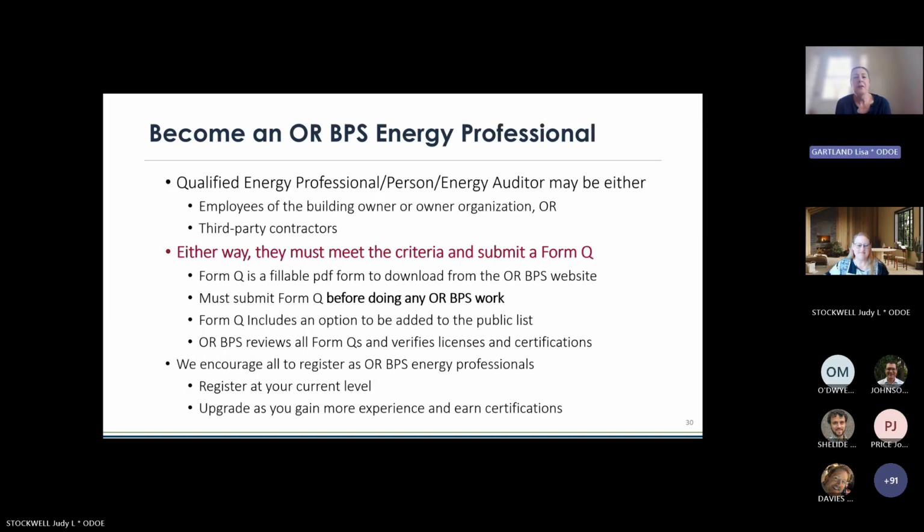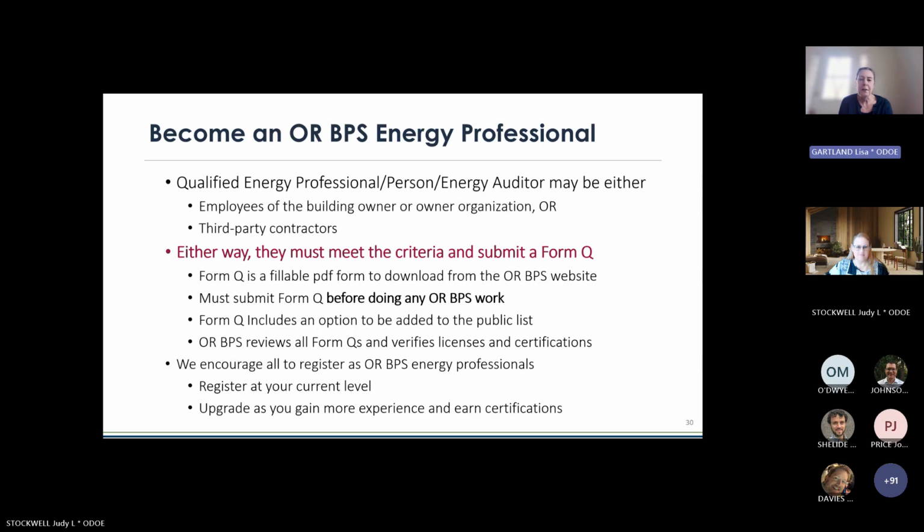So how can you become one of these energy professionals? As I said, the qualified energy manager or qualified person or energy auditor, you could either be an employee of the building owner or the owner organization. You don't have to get a third party, or you can get a third-party contractor.